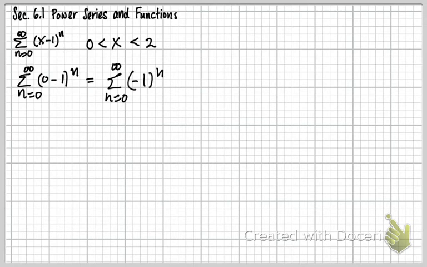So now I can simply use the divergence test here because the limit, as n goes to infinity of -1 to the n, I just take the sequence that I'm summing up in that series there. And then I just take that as n goes to infinity. And I see easily that this is going to be alternating from -1 to +1, so I can say the limit does not exist.